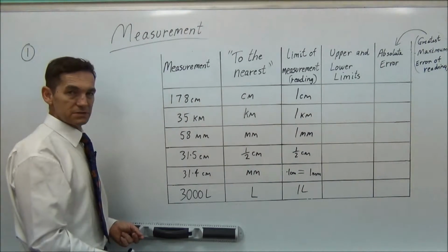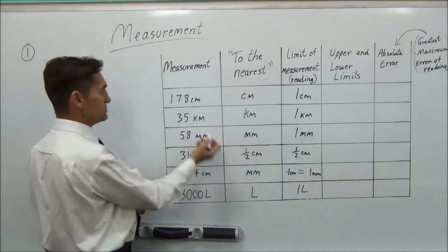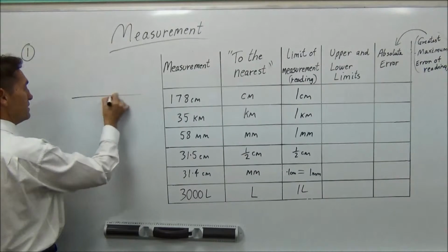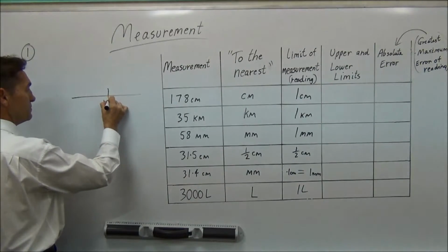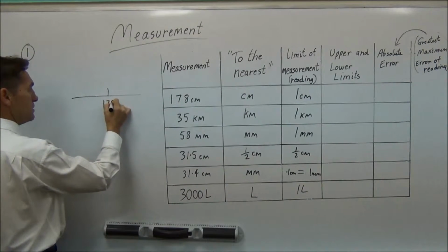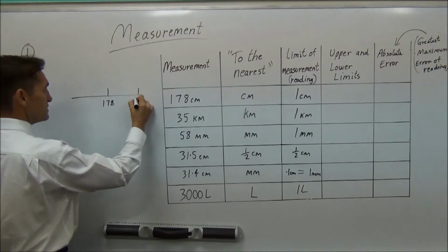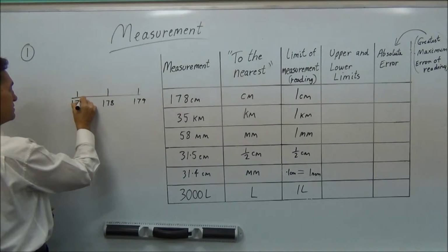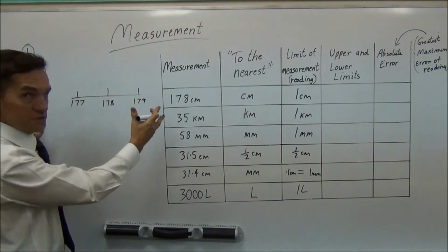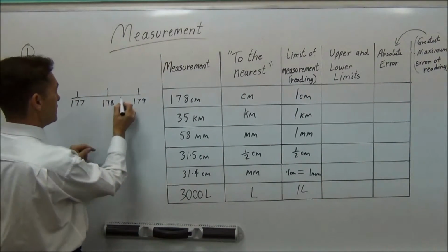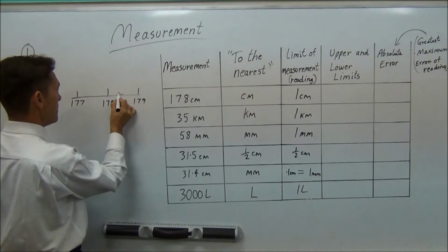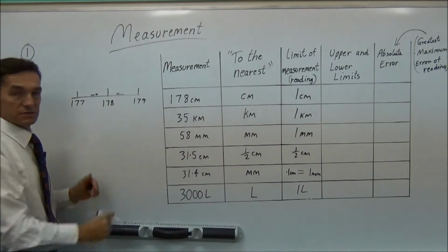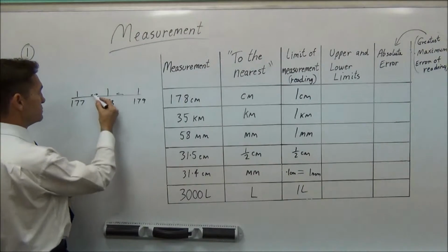Upper and lower limits. If I'm measuring something and it's, let's say, 178 centimetres, and there's 178 on your ruler or your tape measure, and there's 179, and there's 177. So when you look at it, it's not this big obviously, anything from about there backwards or there forwards, you're going to say, oh, it's 178. So that's your limit of measurement.